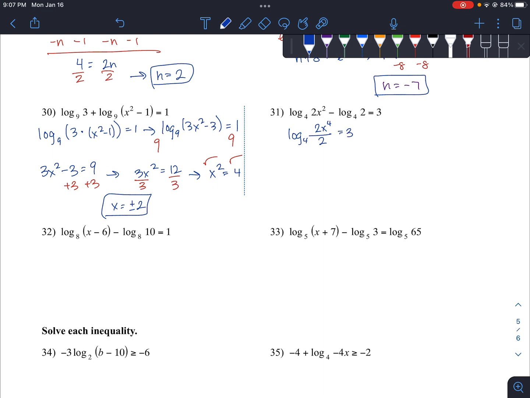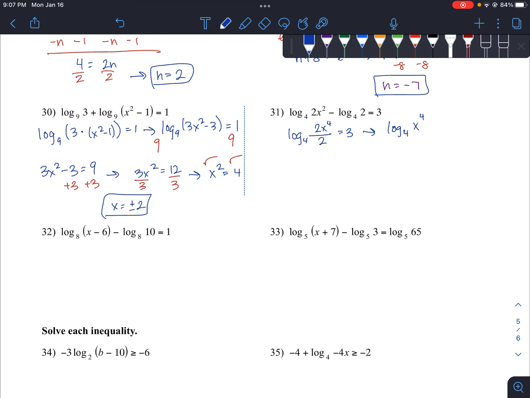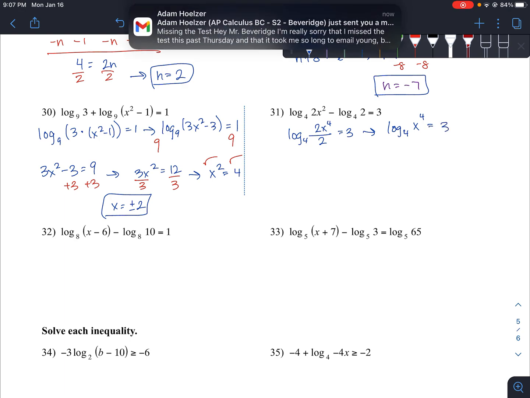This will be equal to 3. And 2x to the 4th divided by 2, I could just write that as log base 4 of x to the 4th. And that's going to be equal to 3.